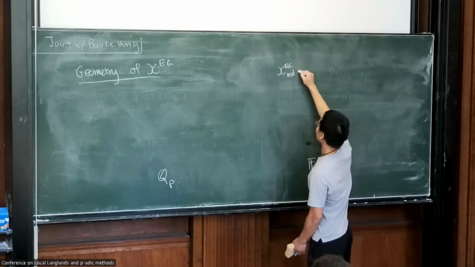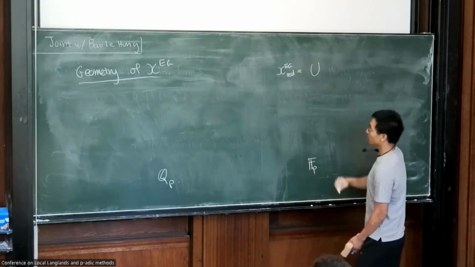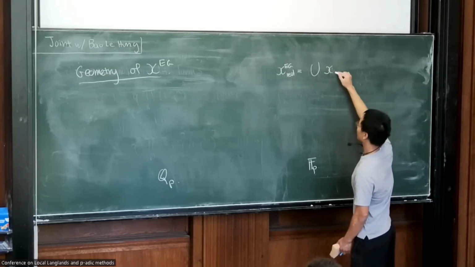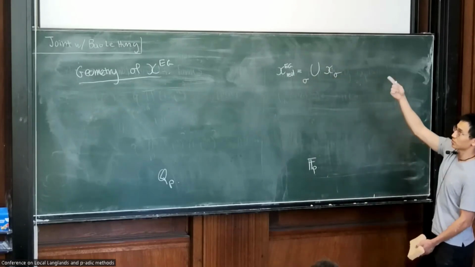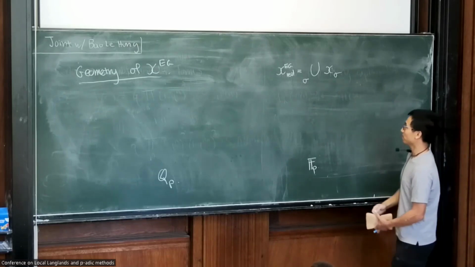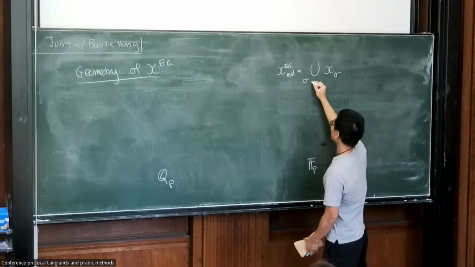And this thing is a union of things that Brandon called X sigma, where sigma is exactly a Serre weight, or an irreducible representation of G of F_p. So this is Serre weight.